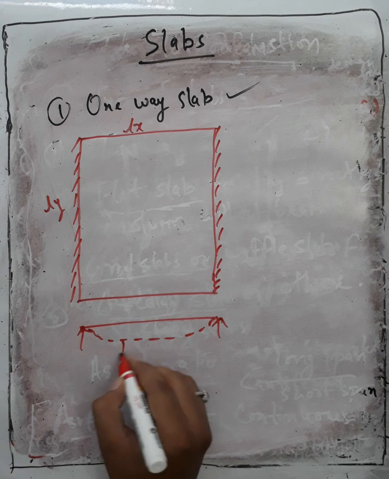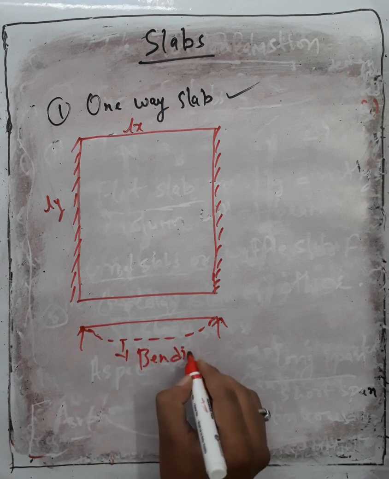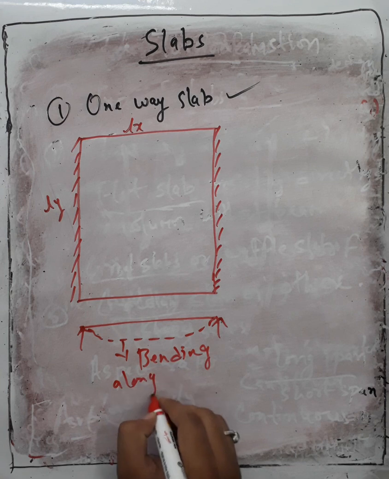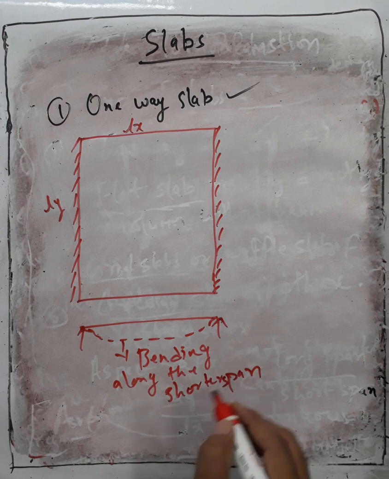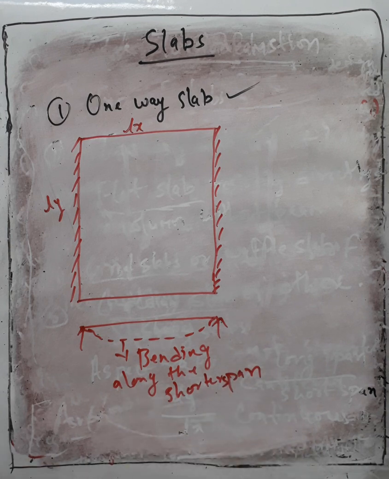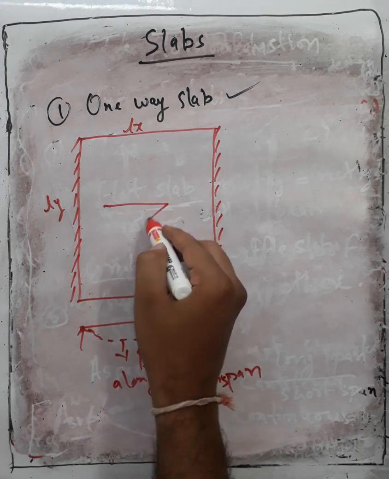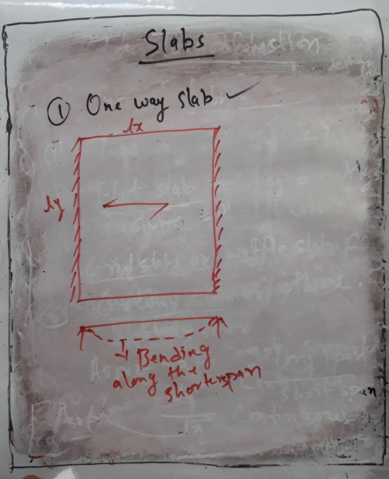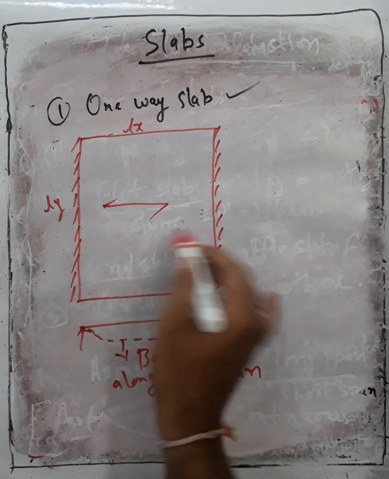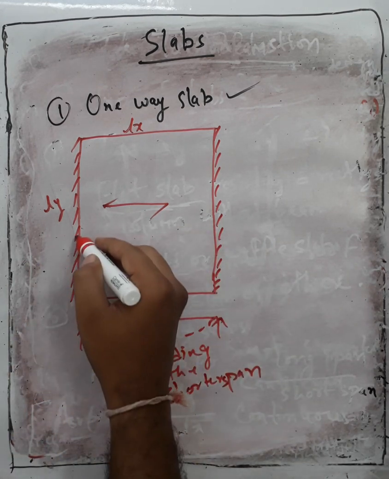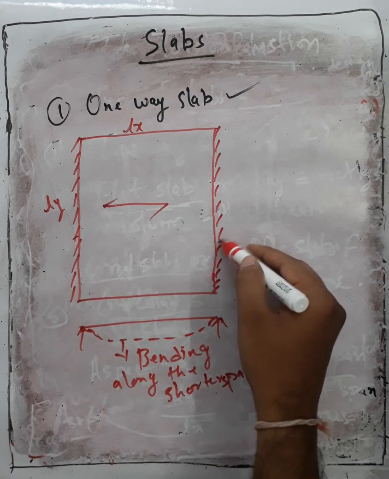So this is bending along the shorter span. So you remember this, in one-way slab bending is done along the shorter span, or bending is only done on a single side, and this one-way slab is supported on two opposite portions, means this slab is supported by this portion and this portion only.